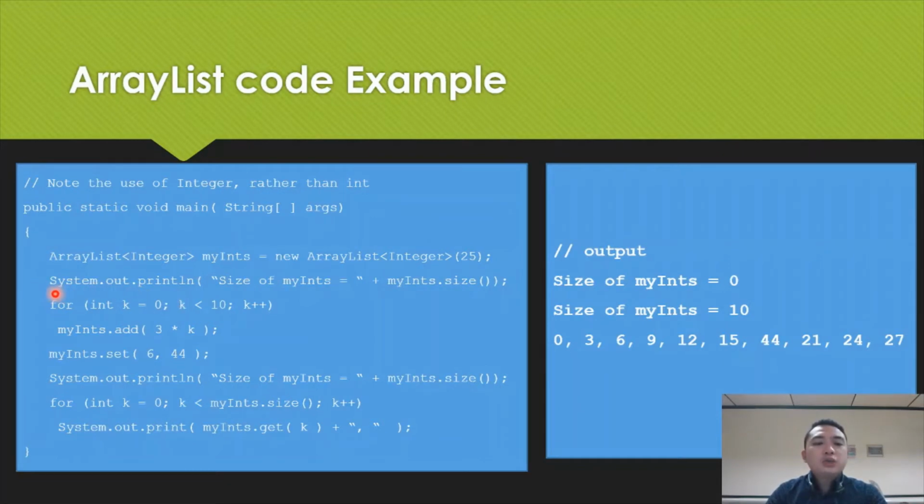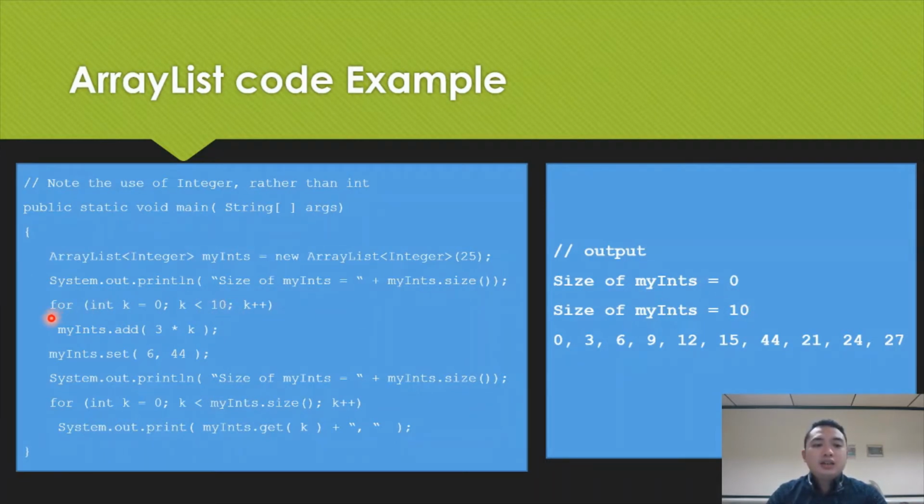At first we invoke size. When we have an initial capacity, it doesn't mean that the size of the array list is 25 already. There is no element yet, so when we invoke size, it prints 0.